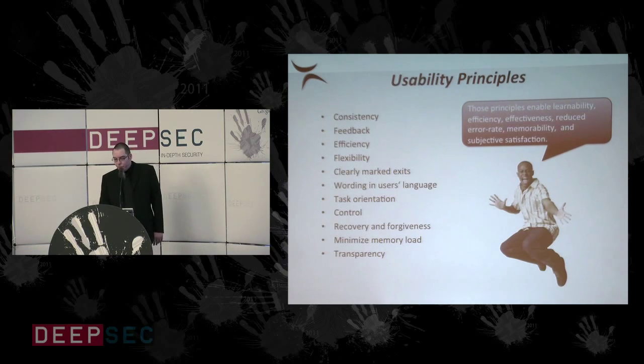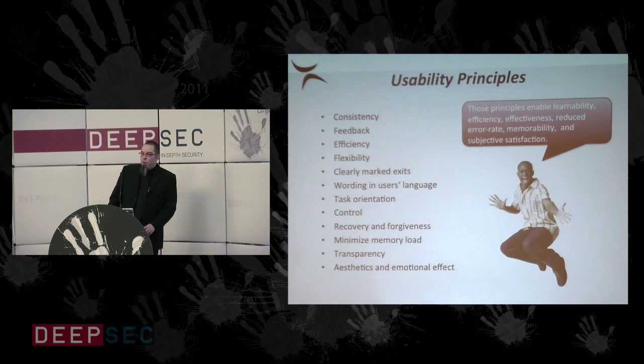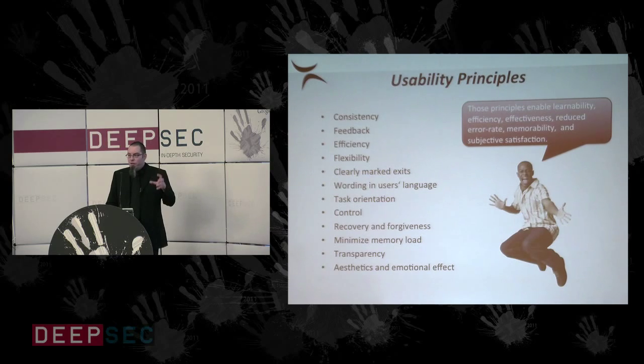Last but not least, every artifact humans build has an aesthetical and emotional effect, whether you want it or not. So if you build, for example, a device which has the aesthetics of a brick, then people will have the user experience: hey, that's just a brick.